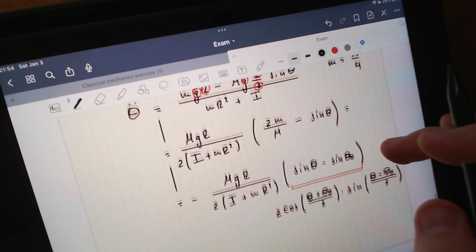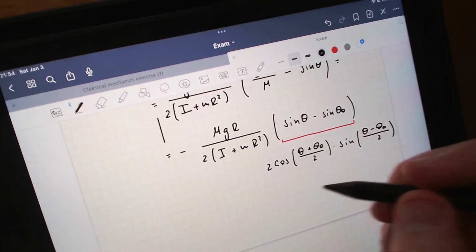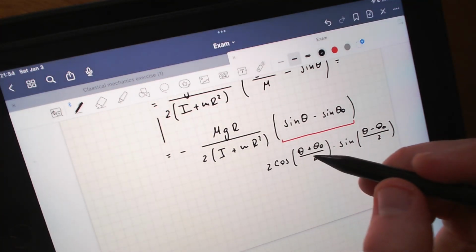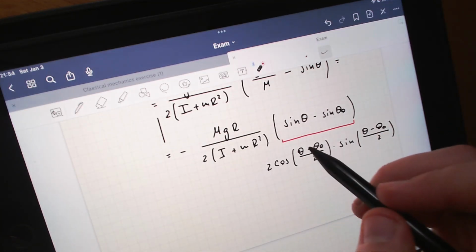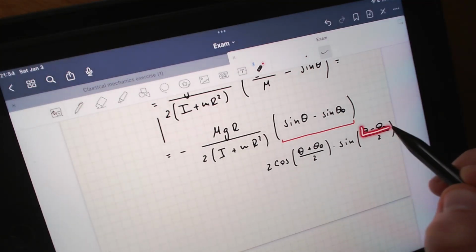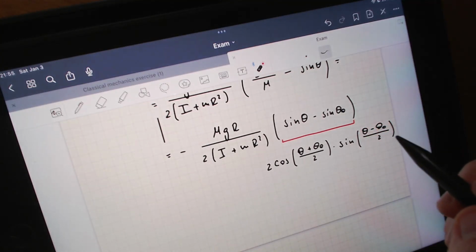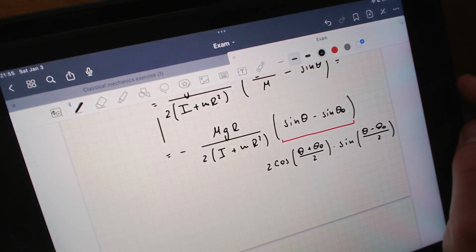Okay, so this means that for example cosine of this will be just the cosine of theta 0, because theta and theta 0 are basically the same, and this difference goes to 0, so we can use the approximation for small angles.